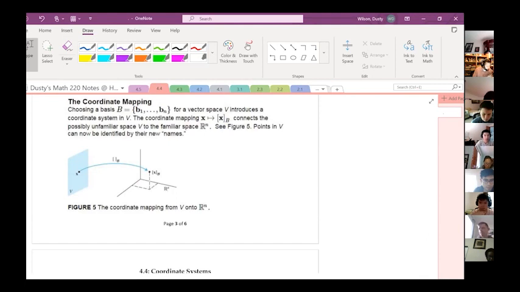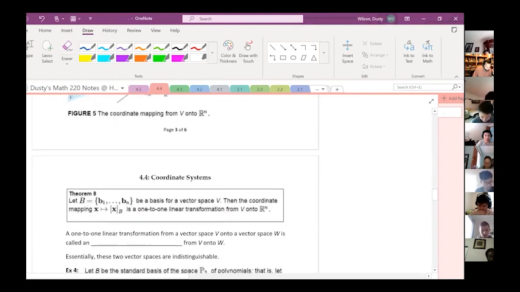And then you've got this figure here, and there's going to be more figures down the road. Let's look at example 4 for a moment, because I feel like this helps a little bit.